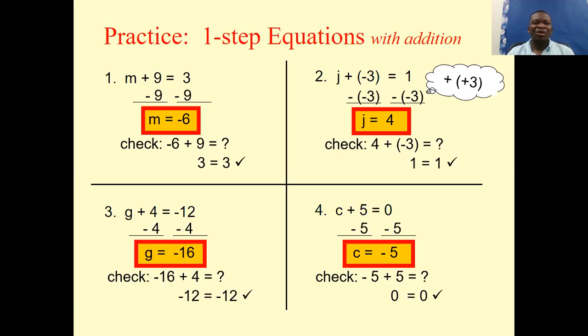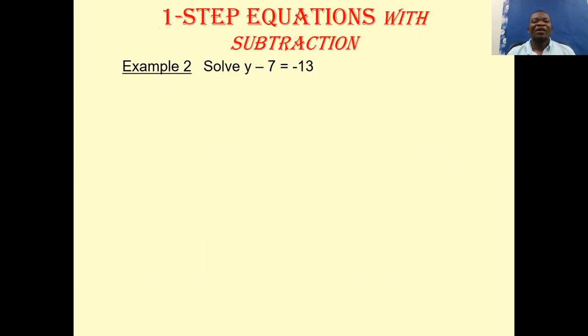So this is how we solve one-step equations with addition. We're going to use the same principle to solve a one-step equation with subtraction. Solve y minus 7 equals -13. You ask yourself the same 3 questions.